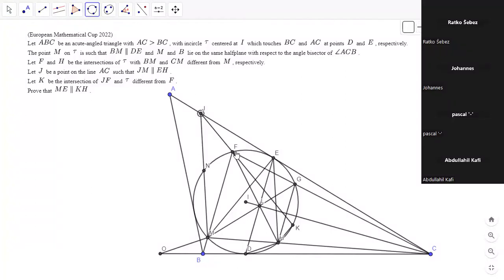Not sure if you can say it that way, because you don't know E goes to J yet. We know that E goes to J, but we don't know that G goes to F. But if H goes to M, then G has to go to F by symmetry. Maybe then it is actually trivial, that part.